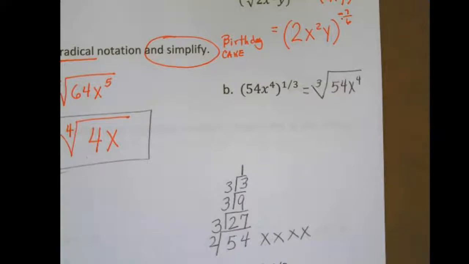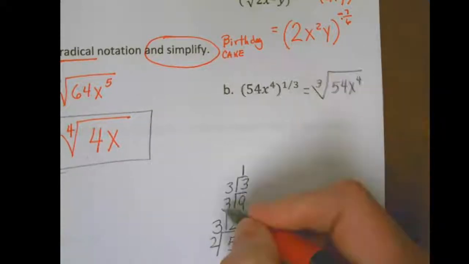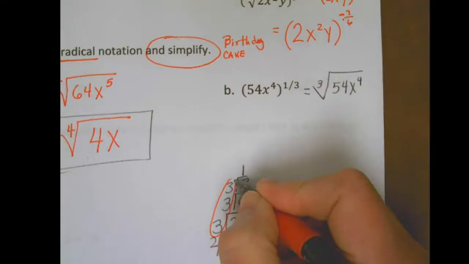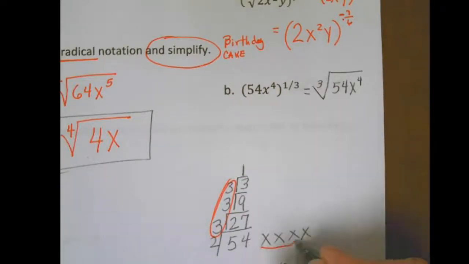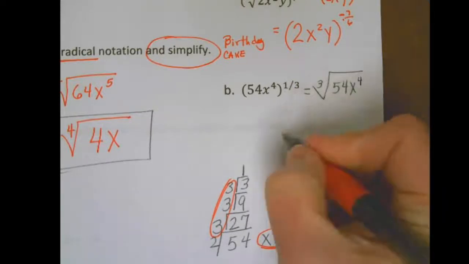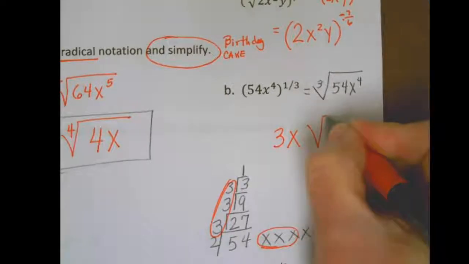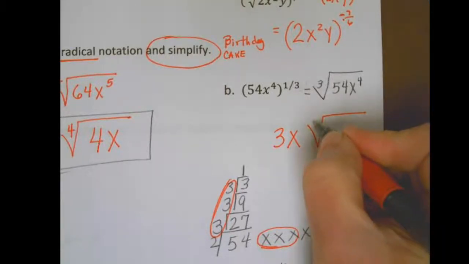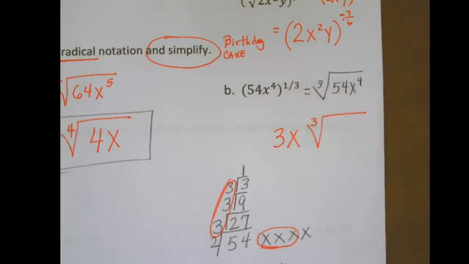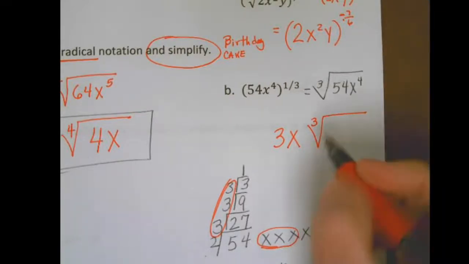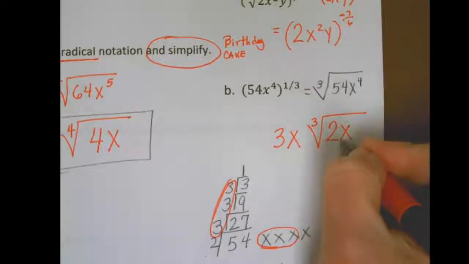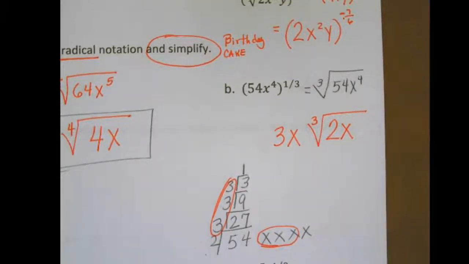Because the index is 3, I make groups of 3. There's a group of 3. There's a group of x. What's left over? There's a 2 down here and an x. 2x is what's left over. That's simplified.